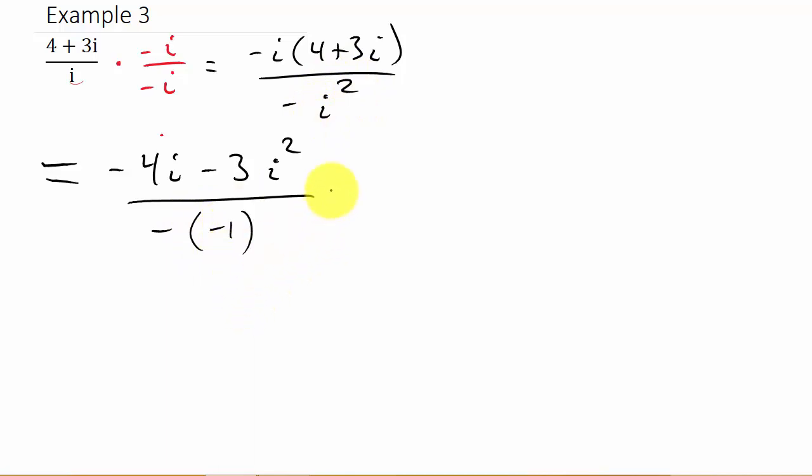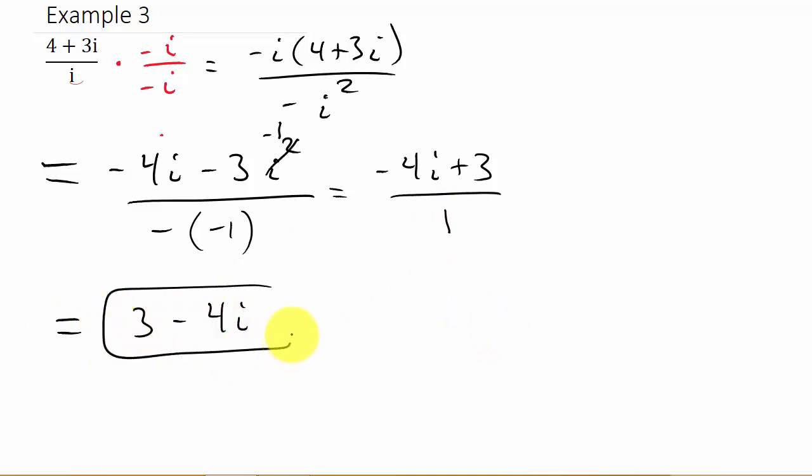Okay, all right, so now I've got negative 4i. Now remember, i squared is negative 1, so the negative and negative is going to give me plus 3 over 1. And so now I get 3 minus 4i. And there's my answer. Because remember, anything over 1 is just the numerator. And I just wrote the 3 first.